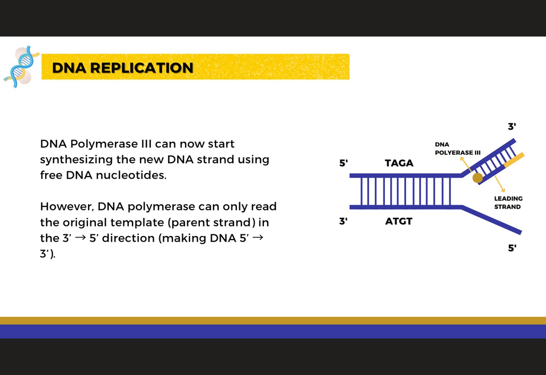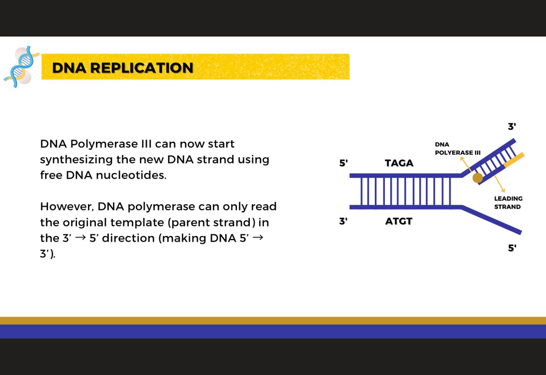Now, as you can see in the figure, your DNA polymerase 3 can now start synthesizing the new DNA strand using free DNA nucleotides. However, DNA polymerase can only read the original template in a 3' to 5' direction, making DNA 5' to 3'.